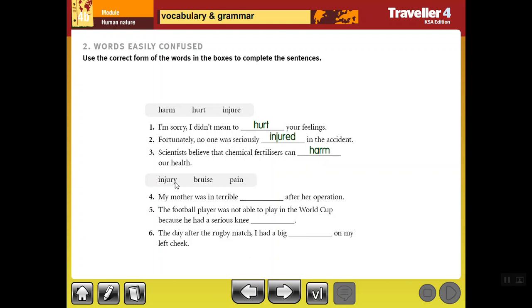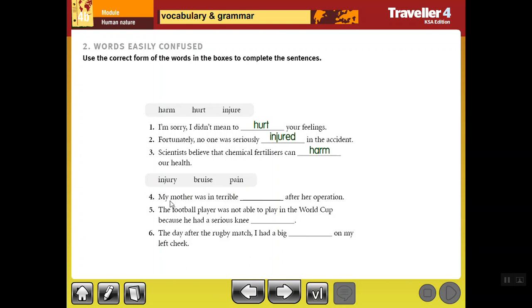The next set of words we have injury, bruise, pain. Injury, as you know, means إصابة or جرح. Bruise, كدمة. Pain, ألم. So let's see the sentences.